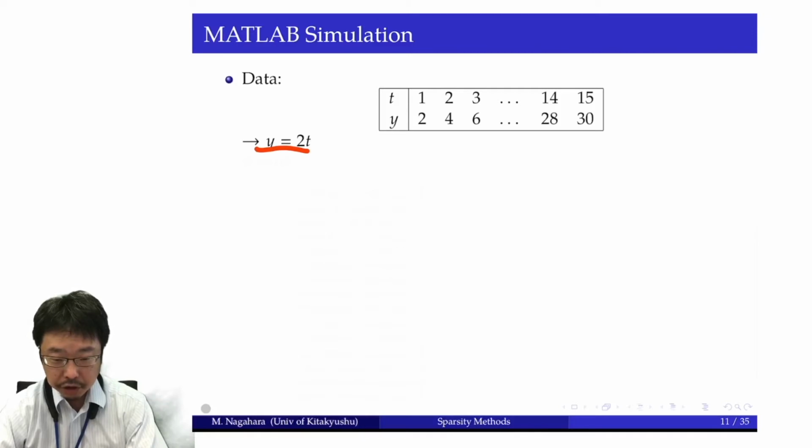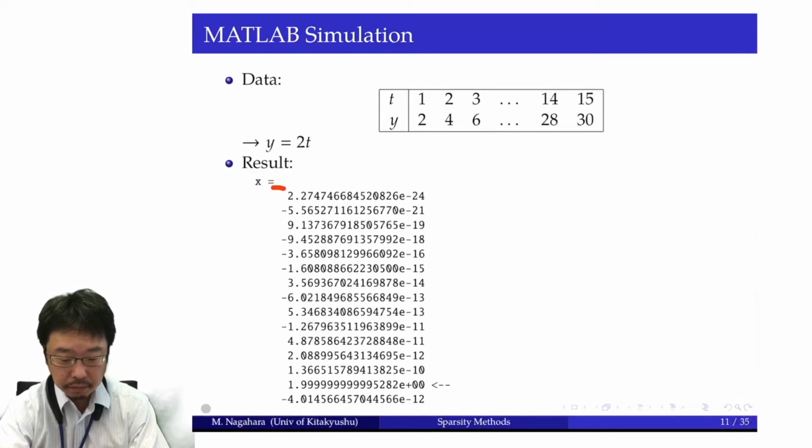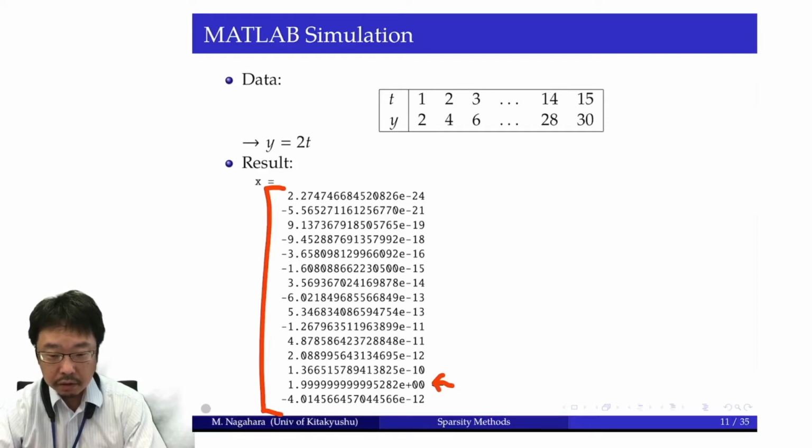By using MATLAB, we obtain the coefficient vector like this. We can see that all but the second coefficients are 0, and the second one, which is the coefficient for the first order t, is almost 2. This is the right result.